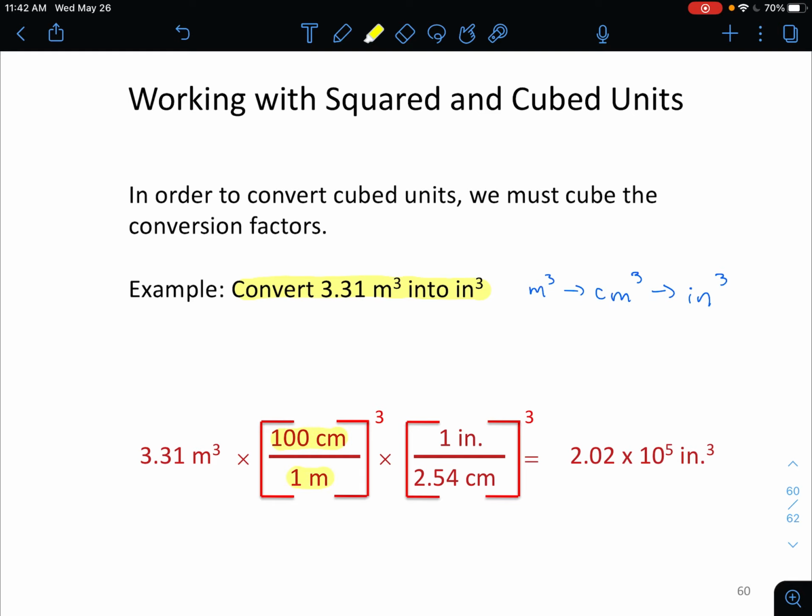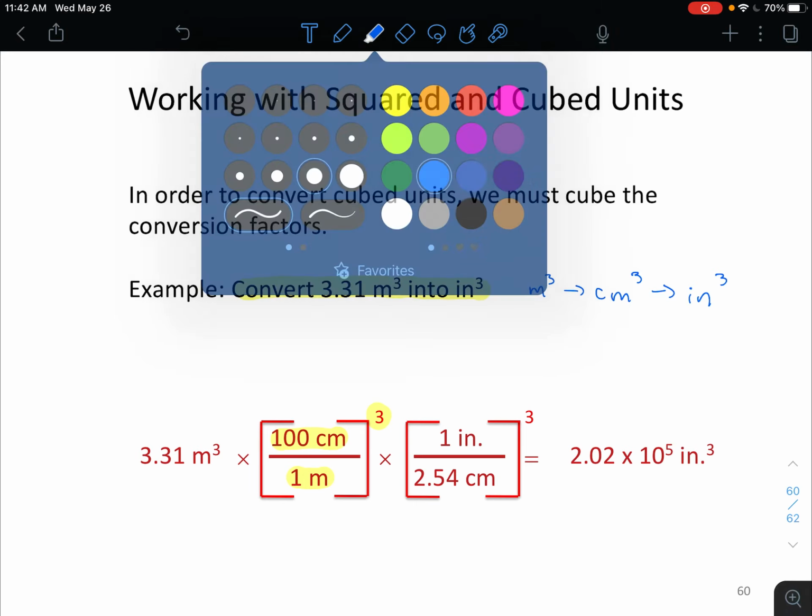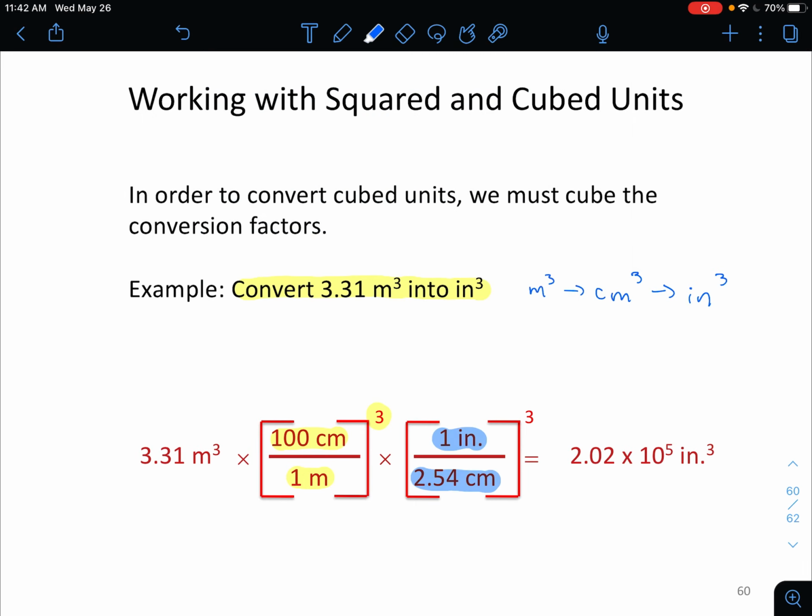The first conversion factor, 100 centimeters per 1 meter, quantity cubed. Second conversion factor, 1 inch per 2.54 centimeters, quantity cubed. And then lastly, I get my answer in inches cubed. So I'm multiplying 100 cubed and dividing by 2.54 cubed to acknowledge the cubed units.